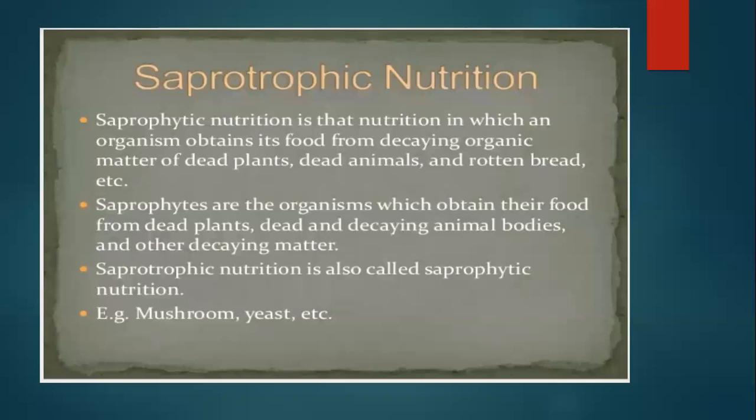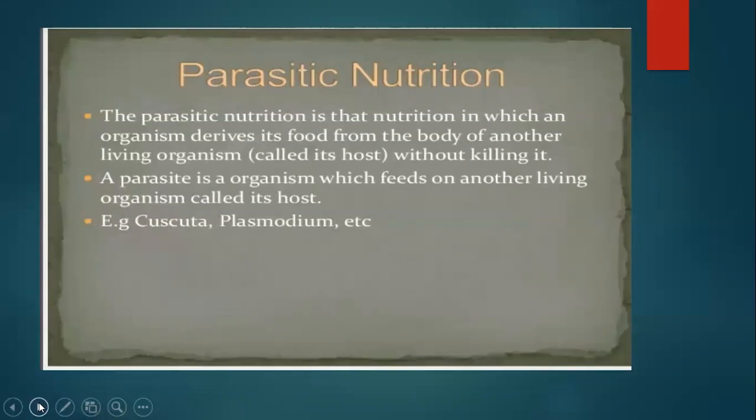Let us move on to the next type of nutrition, that is parasitic nutrition. Parasitic nutrition is that nutrition in which an organism derives its food from the body of another living organism.